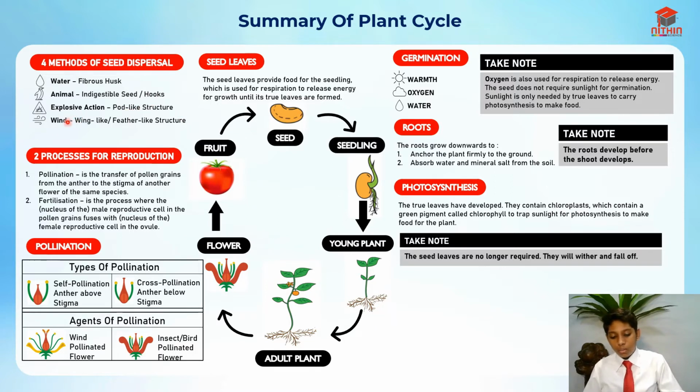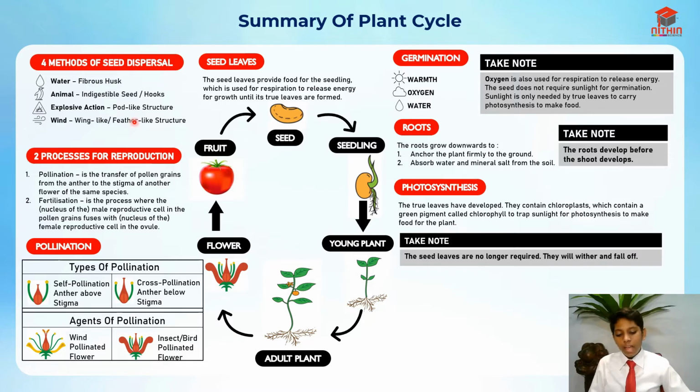And next is by wind, and the seed should have a wing-like or feather-like structure. So, a fibrous husk for water, indigestible seeds or hooks for animal, a pod-like structure for explosive action, and wing-like or feather-like structures for wind.